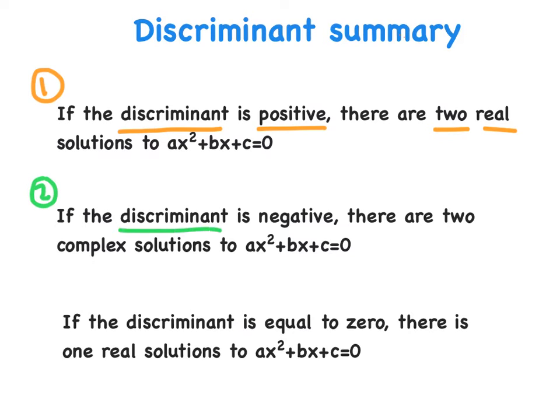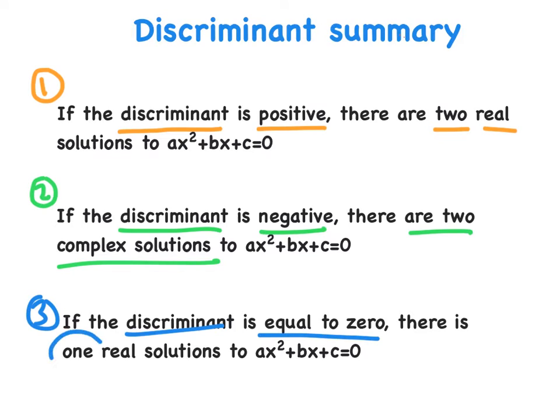If the discriminant is negative, there are 2 complex solutions to ax squared plus bx plus c equals 0. And lastly, if the discriminant equals 0, there is only 1 real solution to ax squared plus bx plus c equals 0. Okay, so those are the 3 we have to keep straight.